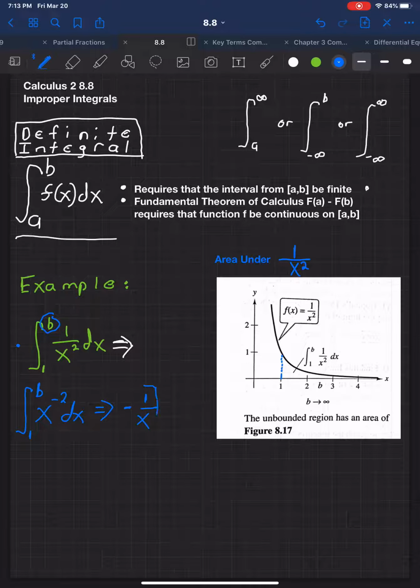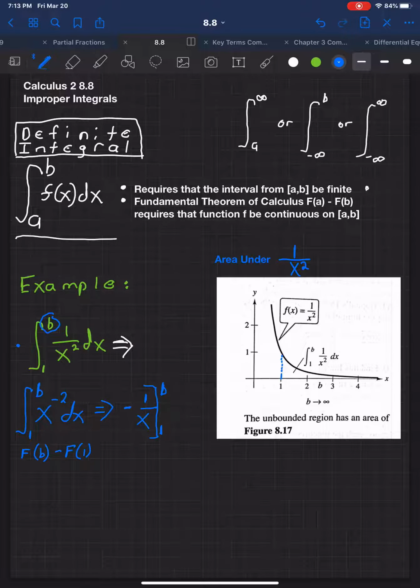And of course, you know the deal. We still have to use our substitution to go from 1 to b. So f of b minus f of 1. Let's go ahead and do that right now.